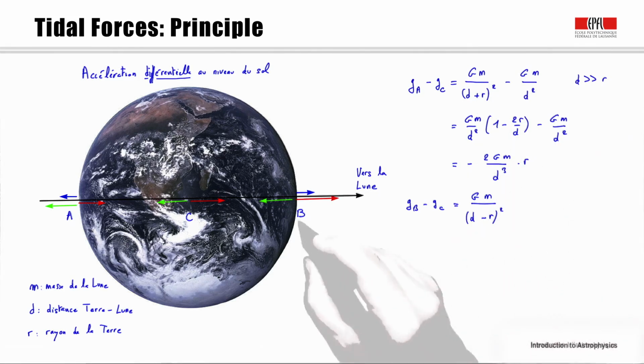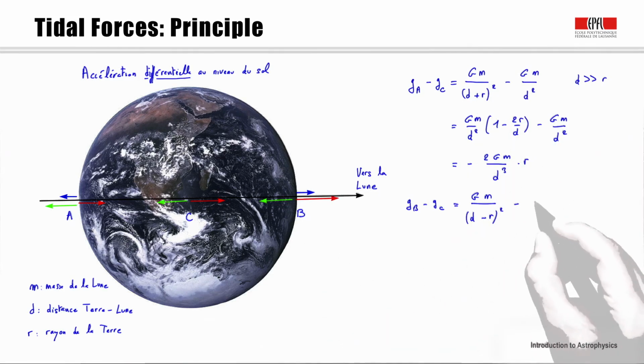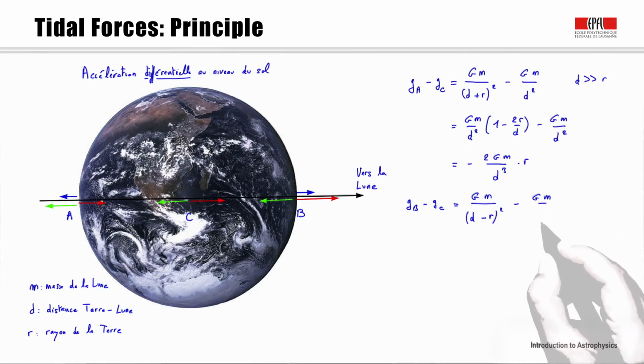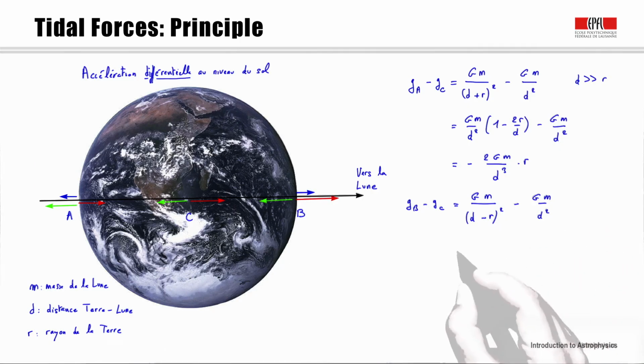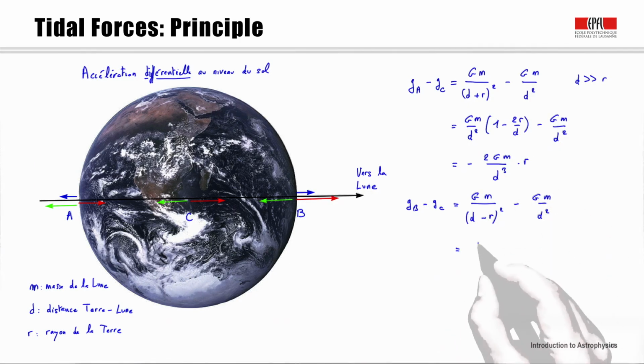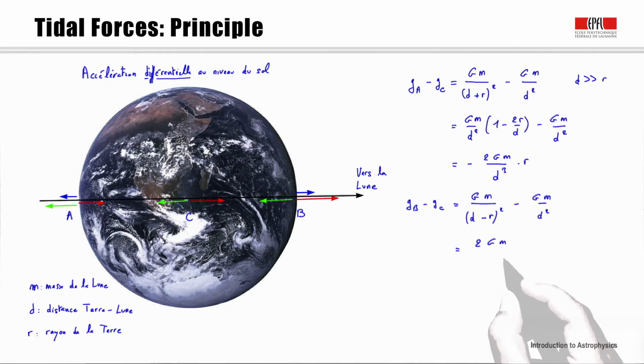Before, there was a plus in this place. Now the other side of the Earth is considered, so it's minus GC, which is GM divided by D squared. It stays the same. Computing the Taylor series gives 2GM divided by D to the third power times R with the plus sign.